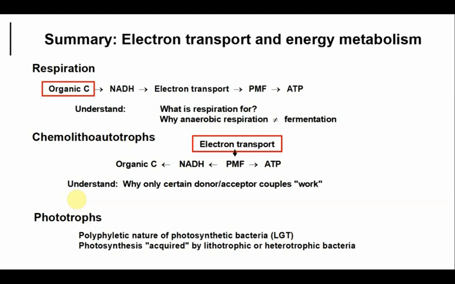But you need to just understand that there are different types of photosynthetic bacteria. They seem to have acquired photosystem 1 or photosystem 2 from the precursors of cyanobacteria, and that this has been added onto some pre-existing metabolism that these bacteria already had.